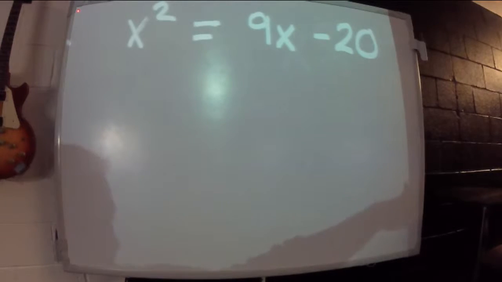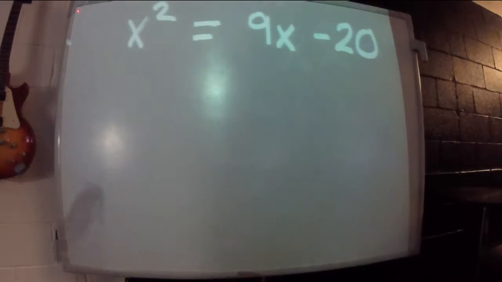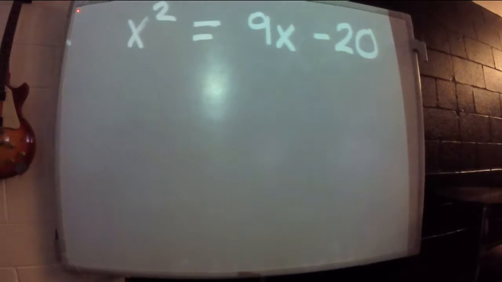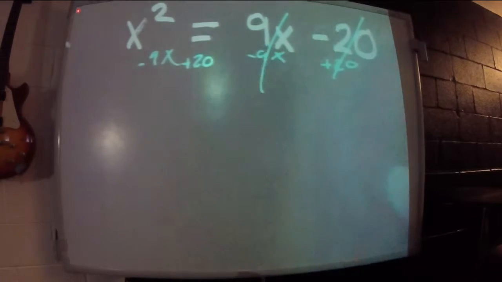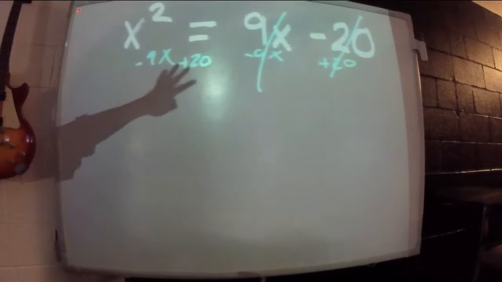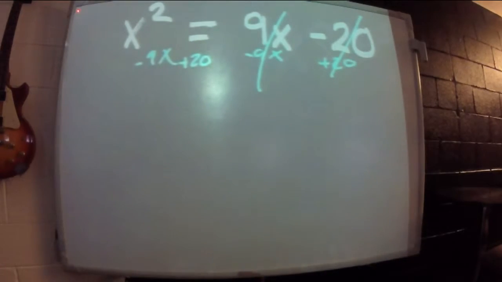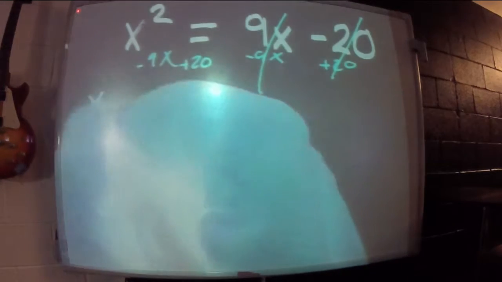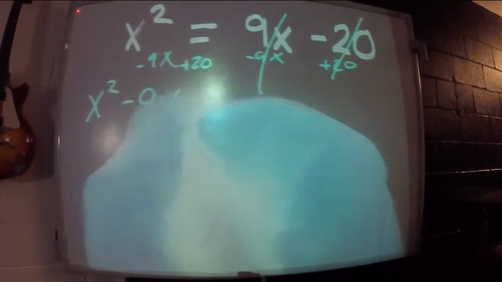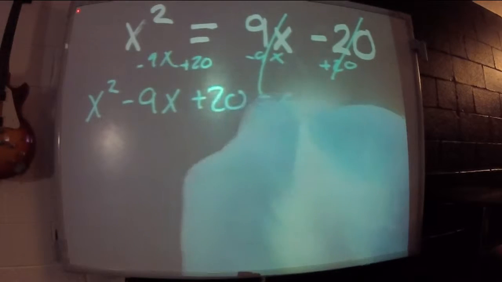Even if you have like 15 different pieces, there's only 3 types. So you can move them all over to one side. So I move the 9x over, and add the 20 over. Now I'm taking everything off the right side, so the right side equals 0, and I actually have x squared minus 9x plus 20 equals 0.